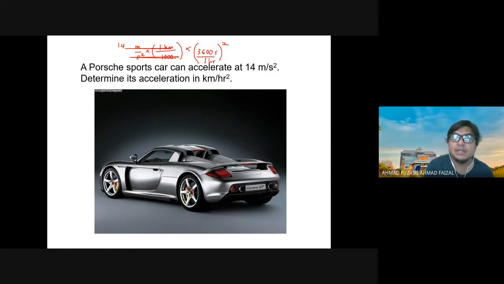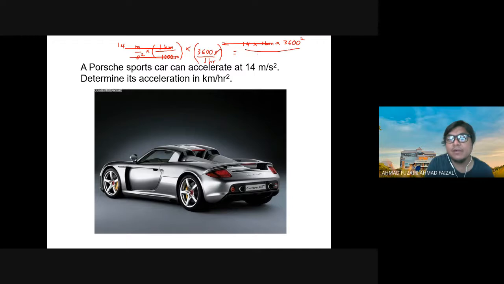So jawapan dia nanti akan jadi 14 times with 1 kilometer times with 3,600. But remember, 3,600 ni ada square. 3,600 square. S dia dah potong dengan s kat bawah tu.